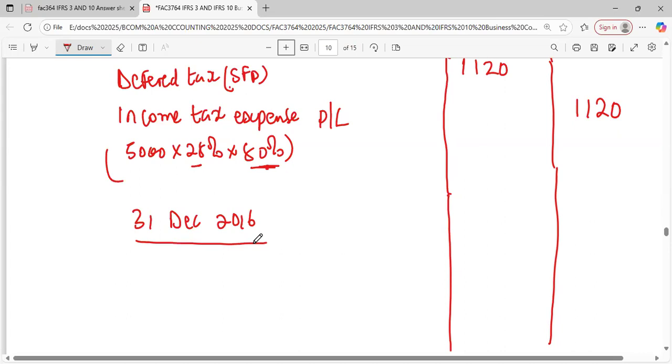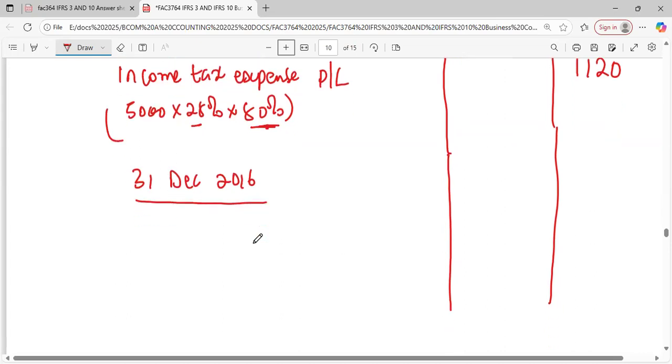So in that case, we need the retained earning. This profit now will be in the retained earning at the beginning of the year. So in the retained earning, this profit is going to be our 5,000 minus the tax, which 1,000.